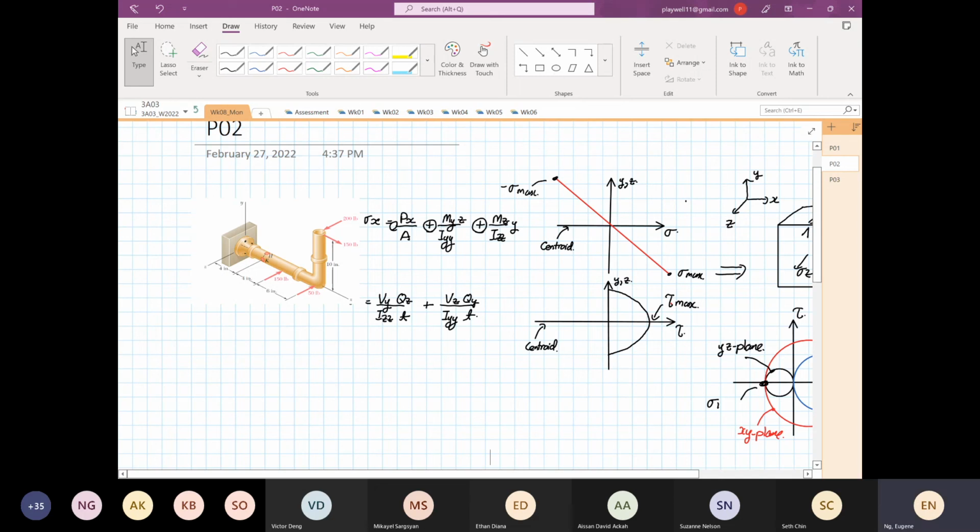So what we are going to do now is to determine this, what is this, what is this, what is Vy, what is Vz in a combined loading situation. And also we are going to look at the shear stress equal to Tr over J, which is induced by torsion.